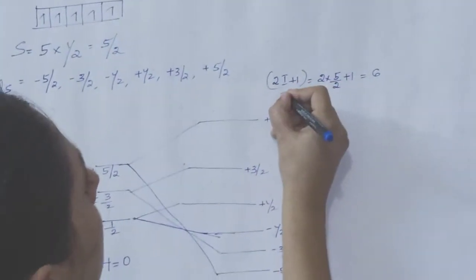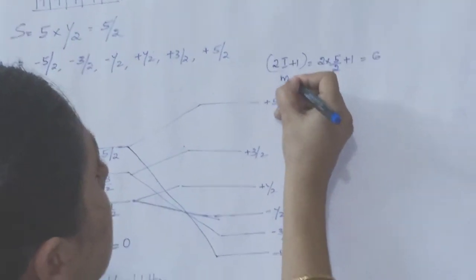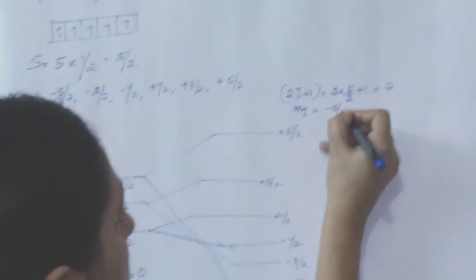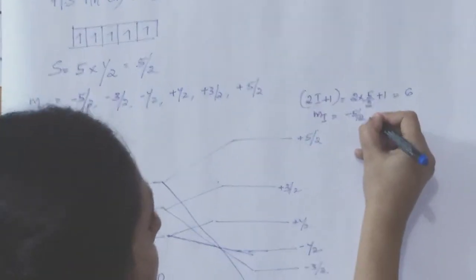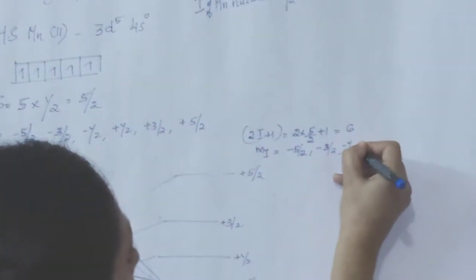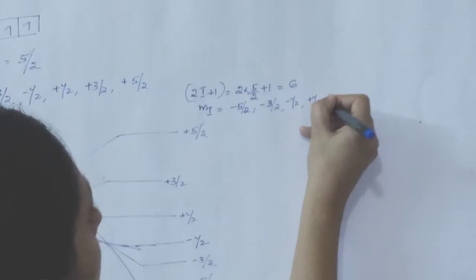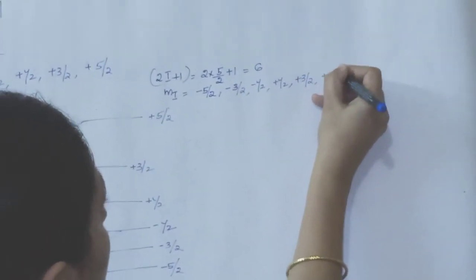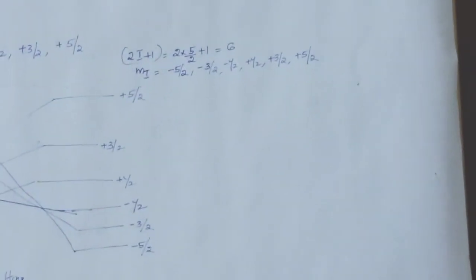And what are those spin states? That is, mI is equal to minus I to plus I: minus 5/2, minus 3/2, minus 1/2, plus 1/2, plus 3/2, plus 5/2.